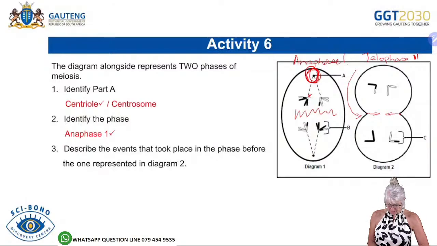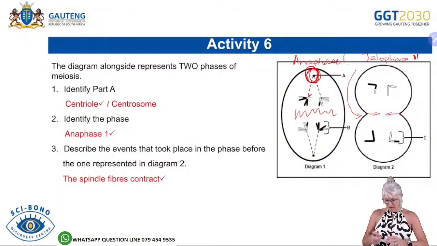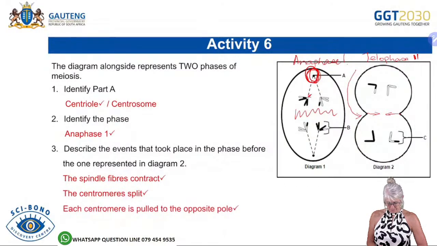Okay, so there we're looking at anaphase 2. And so what happened there is the centromere divided and the spindle fibers are going to contract. So the examiners like anaphase, whether it be anaphase 1 or 2. Spindle fibers contract, the centromeres have split, and then the chromosomes are pulled to opposite poles.